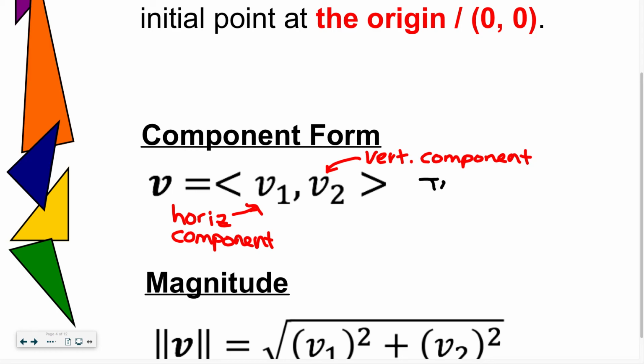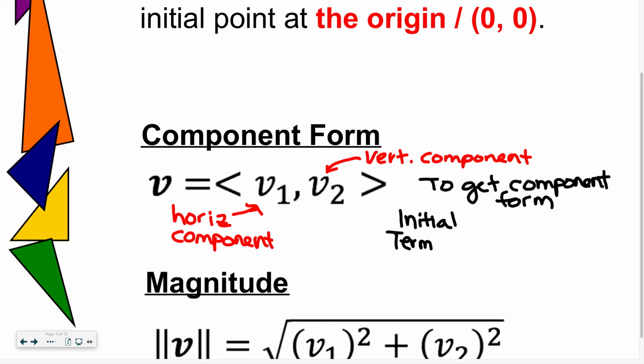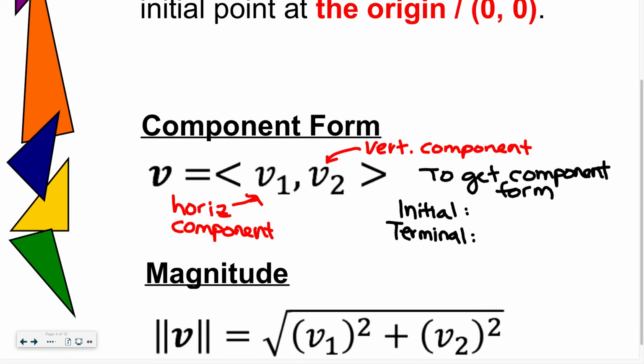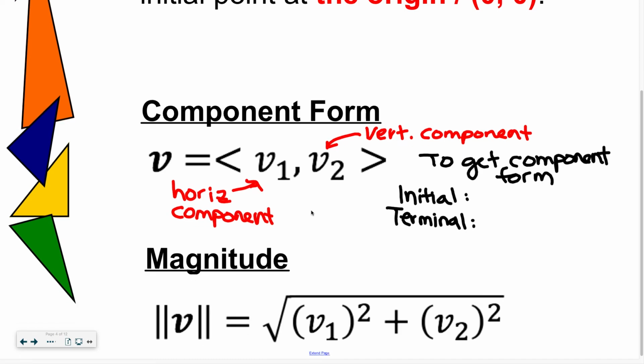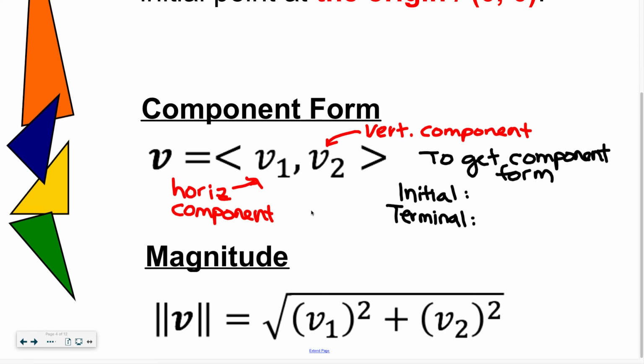So off to the side, let's write how to get component form one time. If your vector is not already in standard position, having a starting point at 0, 0, then it will have some initial point, we'll call it x sub 1, y sub 1, and some terminal point x sub 2, y sub 2.